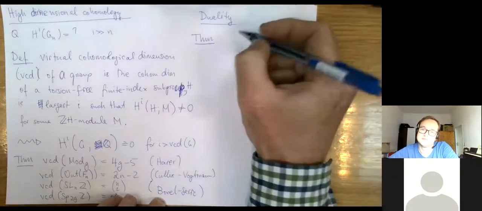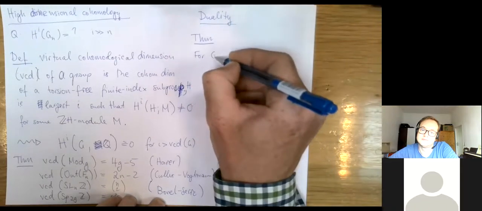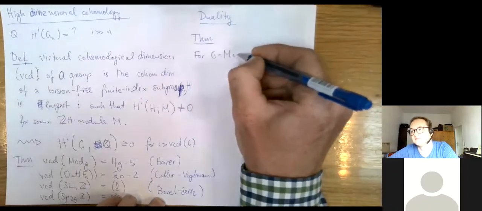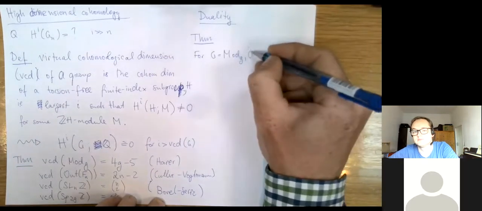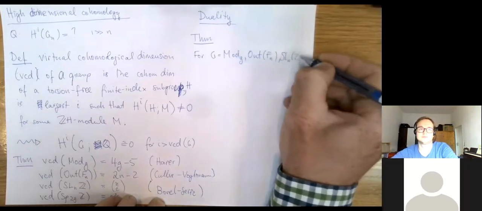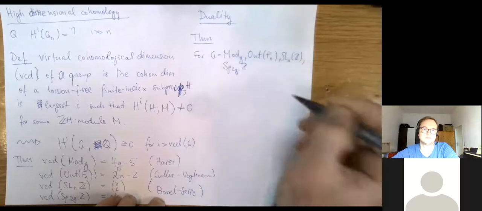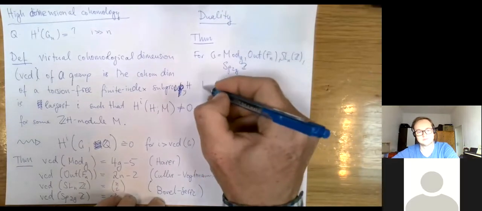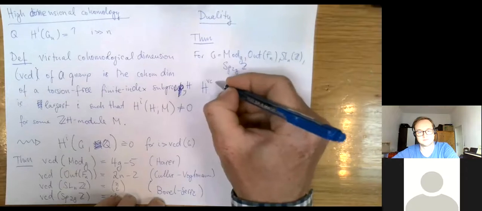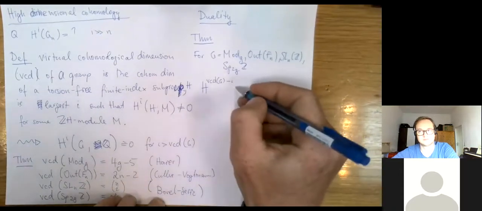So for G equal to these groups that we've been talking about, we have the following property. If you take cohomology close to the VCD of these groups, so let's say we just subtract a number i from that.